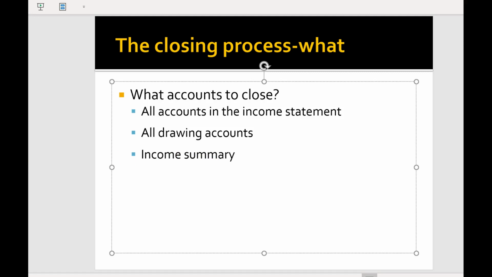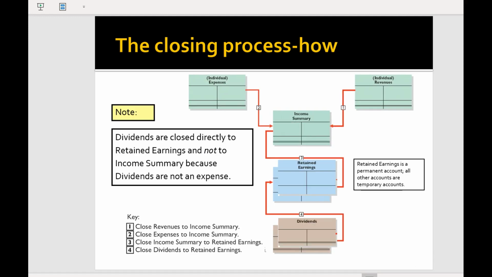So I'm going to show you how it works. We have all the revenue accounts and expense accounts at the end of the period. Revenue accounts normally have a credit balance, right? How to make that go to zero? You would debit the same amount as the balance shows, and then it will cancel out on both sides. It goes to zero.